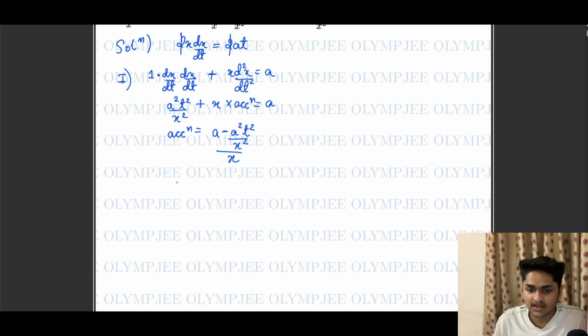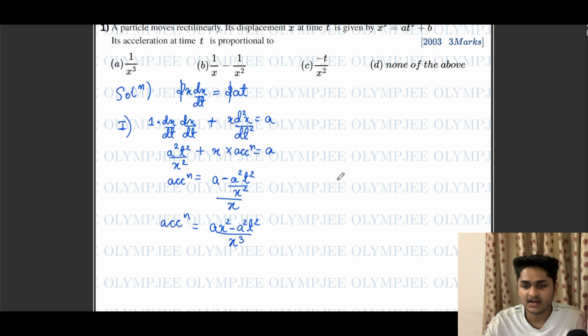Now on taking LCM this will become x square minus a square t square by x cube. So till now we cannot comment on the proportionality of acceleration because we have one more variable t other than x. We need to remove t to comment on proportionality.